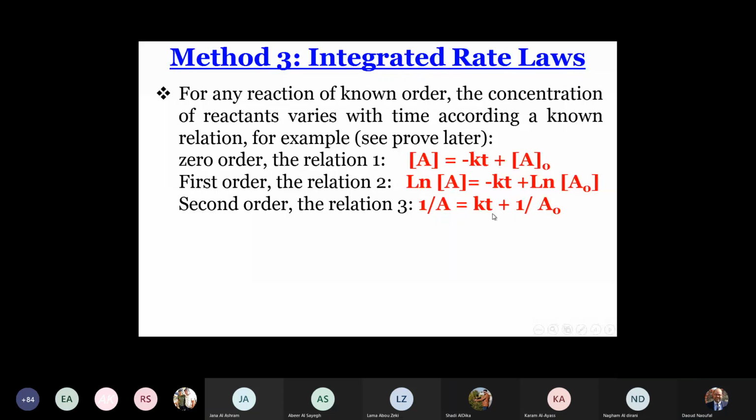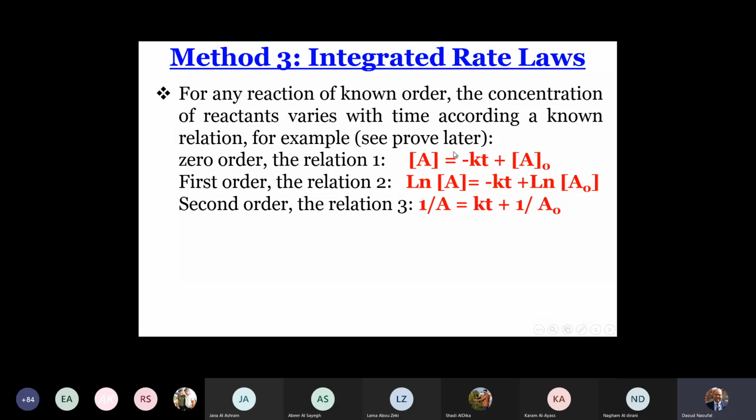Okay. So how to know the order of the reaction? In any kinetic experiment, you have a table where you have the variation of A as a function of time t, as you studied in college. If this relation, A equals minus kt plus A0, is proved, that means your reaction is zero order.